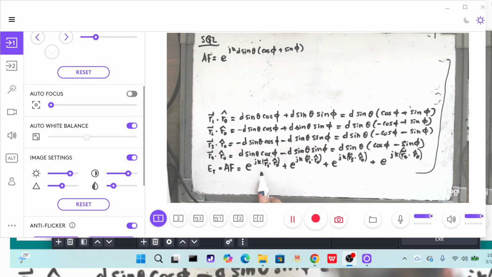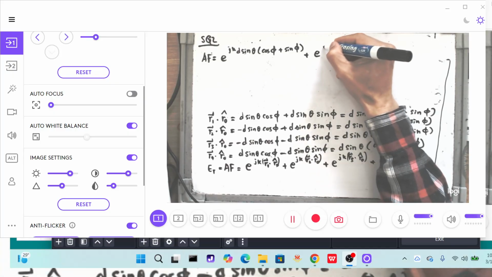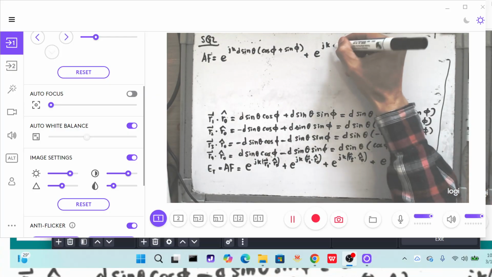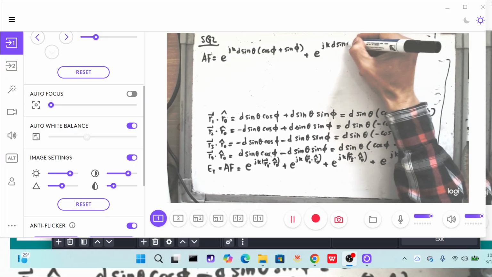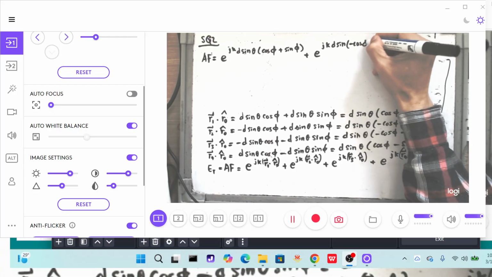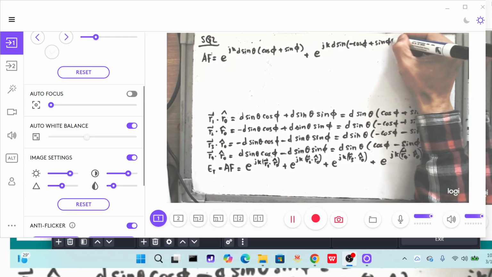So this is the first term, and then we write down the second term, E to the power of J K, and then this one, D sine theta, minus cosine phi plus sine phi.